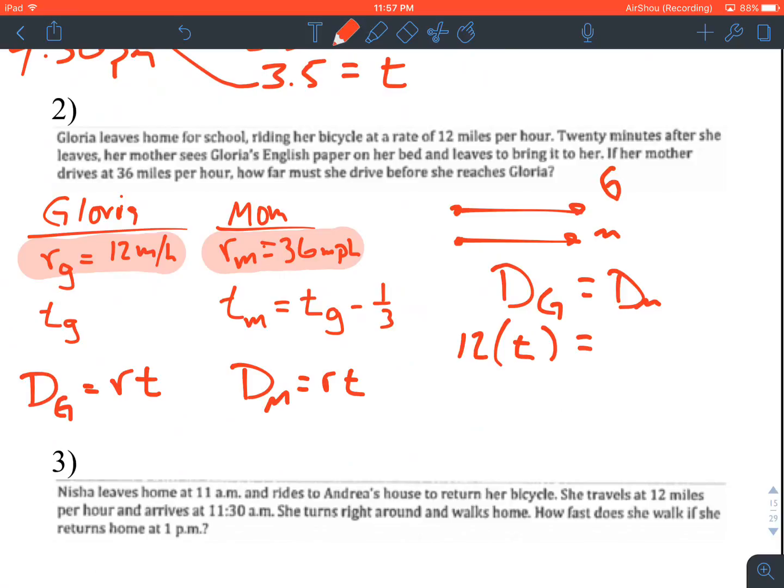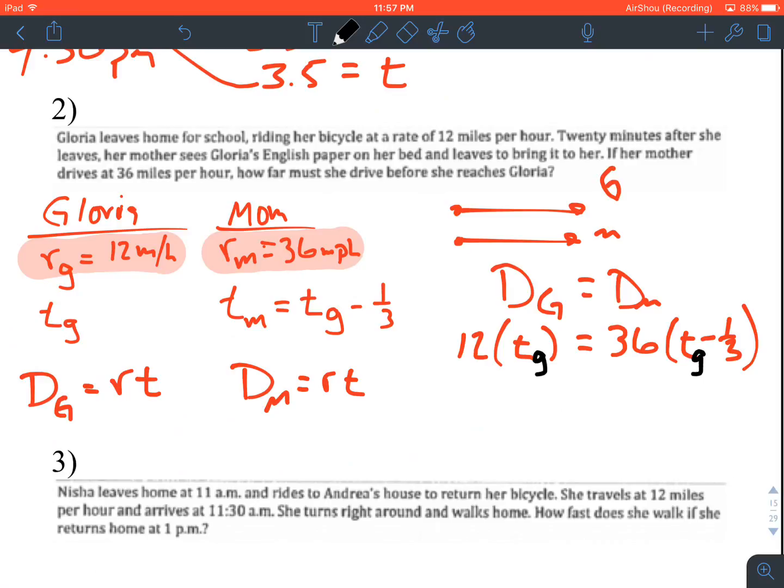And then the rate of the mom is 36. And the time is t of g minus a third. Let's do t of g. So when we're done, we know this is the time of Gloria.